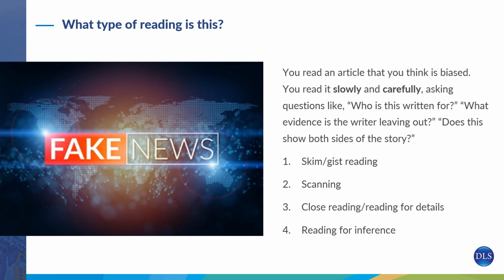What type of reading is this? This is reading for inference, and of course, close reading or reading for details. Reading for inference is another type of slow reading, and that's when we try to read between the lines. So we try to read what isn't directly stated in the text.